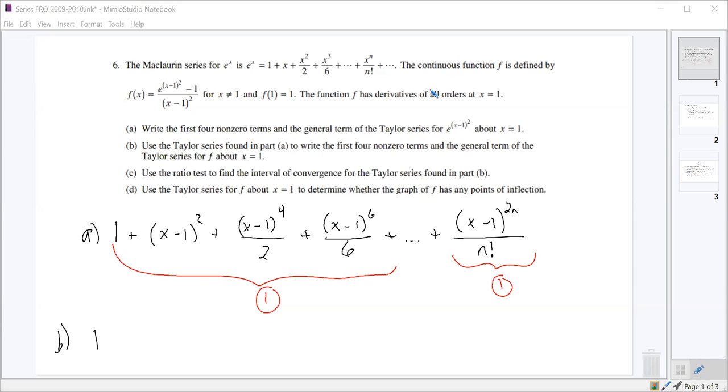Okay, so then, why don't I subtract 1 from the (x minus 1) squared before dividing it by itself? Okay, so the minus 1 is this entire series of e to the (x minus 1) squared, minus 1.